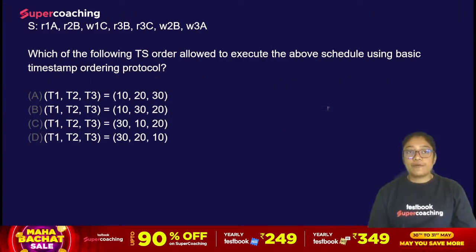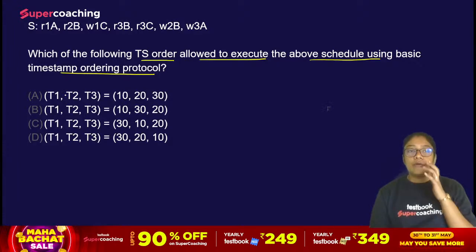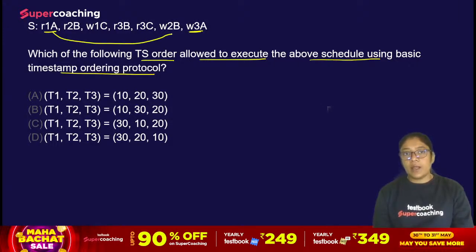Okay, so before moving on to Thomas timestamp ordering protocol, let's discuss one question. This is what is given to you. Which of the following timestamp orders is allowed to execute the above schedule using the basic timestamp ordering protocol? It's very simple. We will find out the possible conflict pairs here. So we are getting T1 to T3. One conflict pair we have, that is T1 to T3.